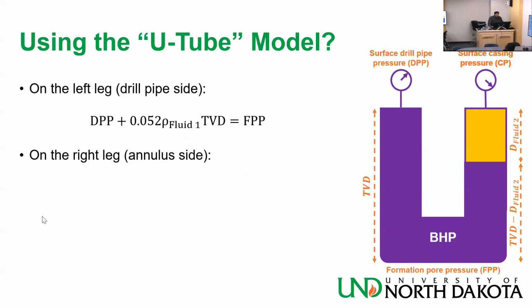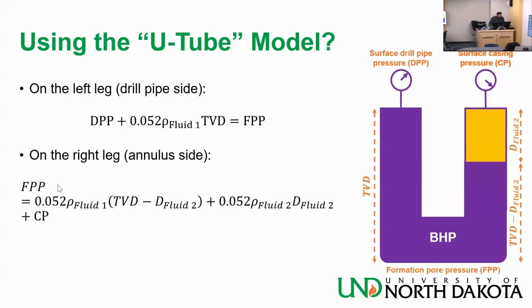What about the right leg? The right leg is a little bit harder because now I have two fluids. I have the surface casing pressure, but I have fluid 2 up to this interval, and then fluid 1 in this interval. So the equation is much more complex, right? FPP equals this weight plus this weight plus this pressure.